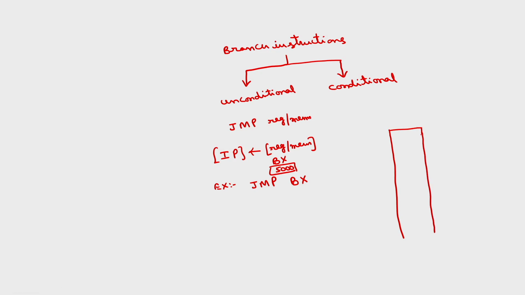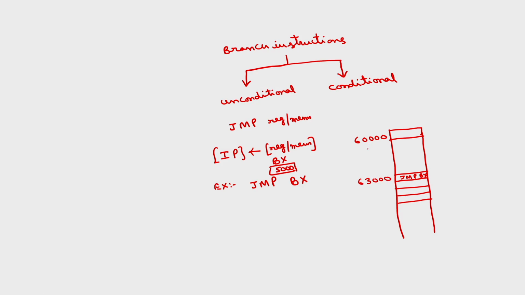This is the starting of the code segment, say 60,000 H. Suppose the microprocessor is executing this instruction, which is a jump instruction, JMP BX, with BX contents 5000. Suppose this is at something like 63,000 H.